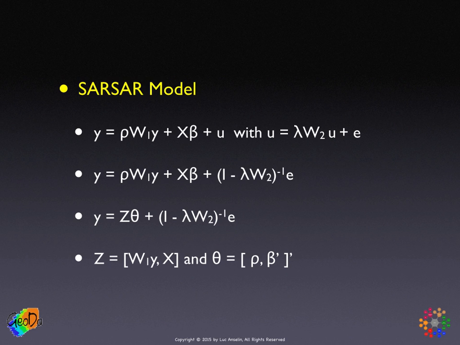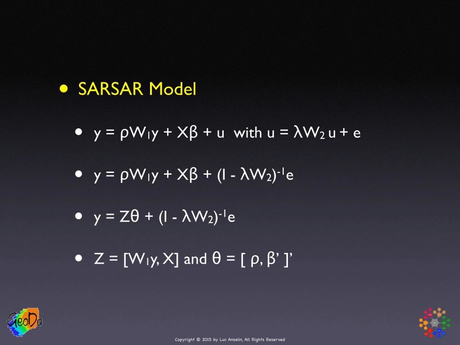So this will have a very complex variance-covariance matrix. To simplify notation, we group all the variables, and again, in general, besides the spatially lag-dependent variable, this can include endogenous variables as well as exogenous variables, and then we group the corresponding parameters as well.